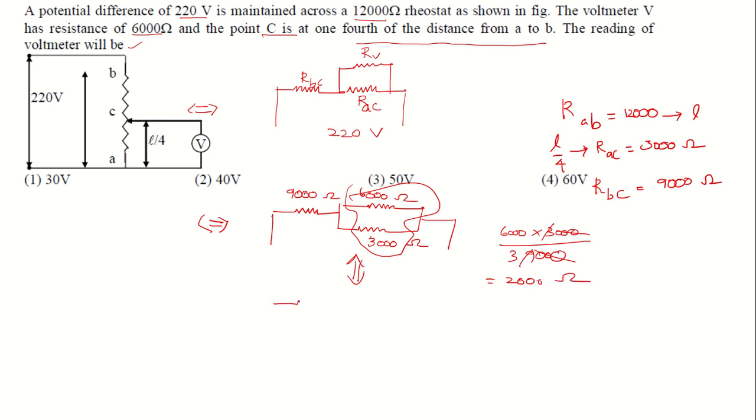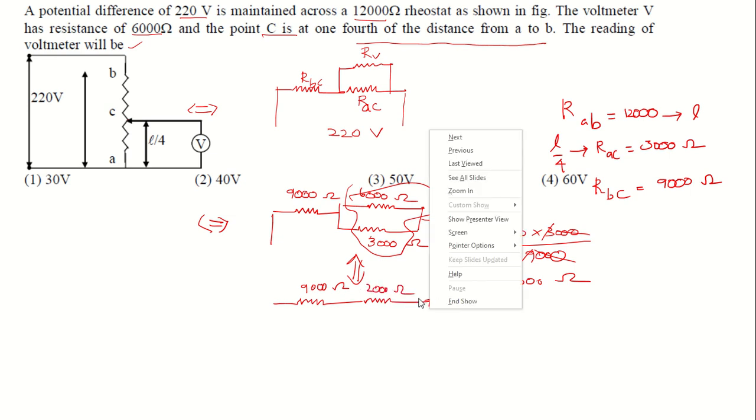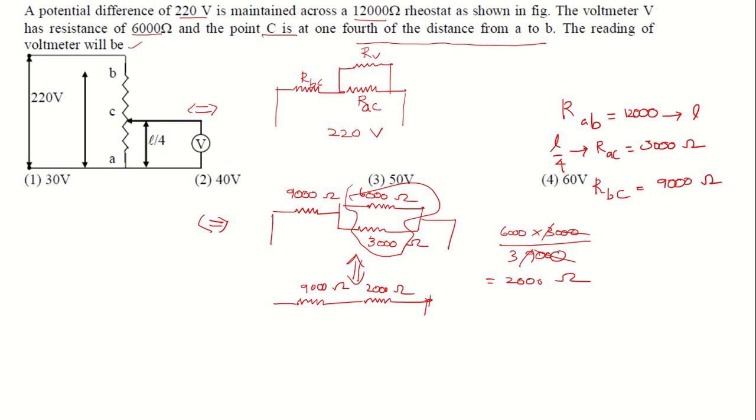So what does the effective resistance become? The 9,000 ohm in series with 2,000 ohm, so they are connected in series. So the effective resistance becomes 11,000, and that is connected to the potential of 220.